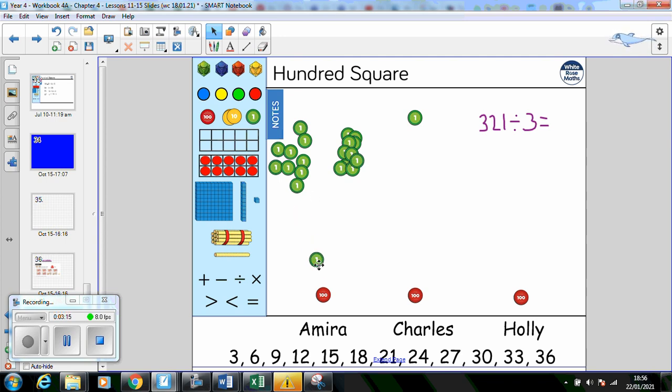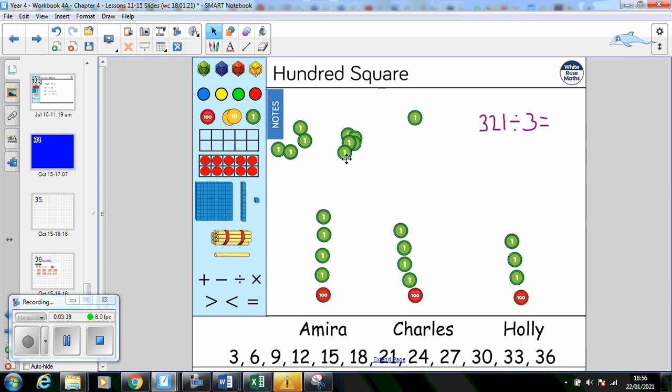See what happens. 1 for Amira and Charles and Holly. Another for Amira and Charles and Holly. And again, Amira, Charles and Holly. 4 ones each. 5 ones each. 6 ones each.